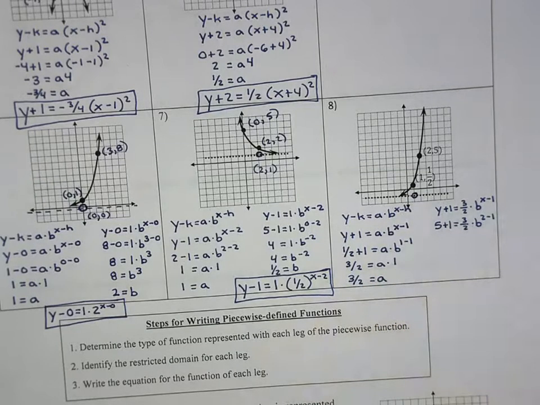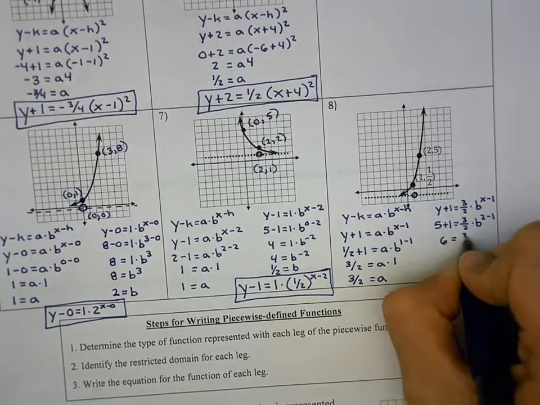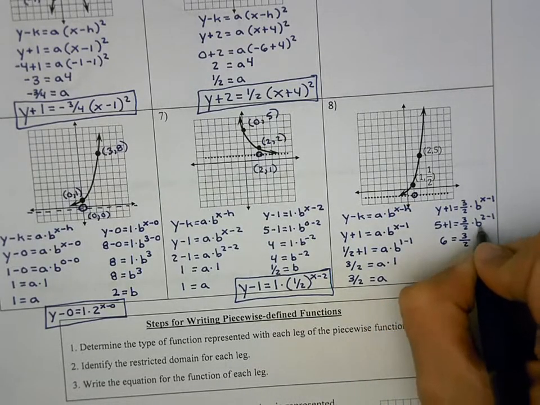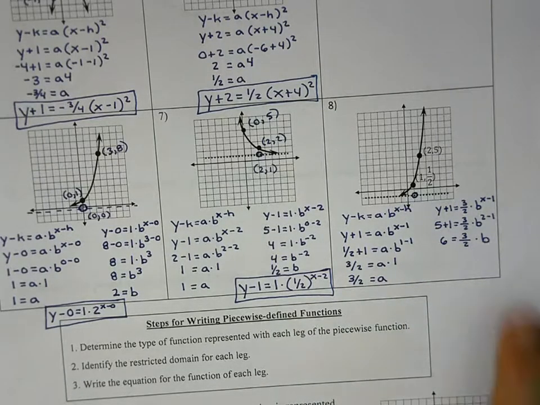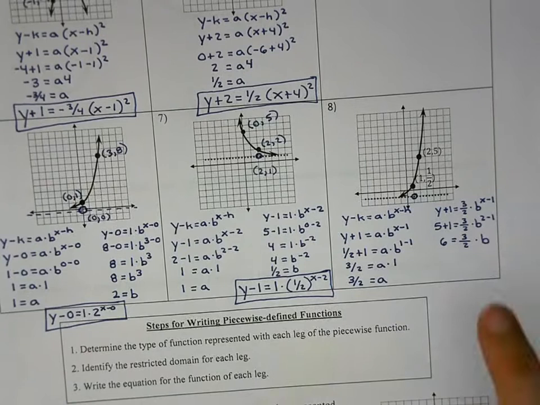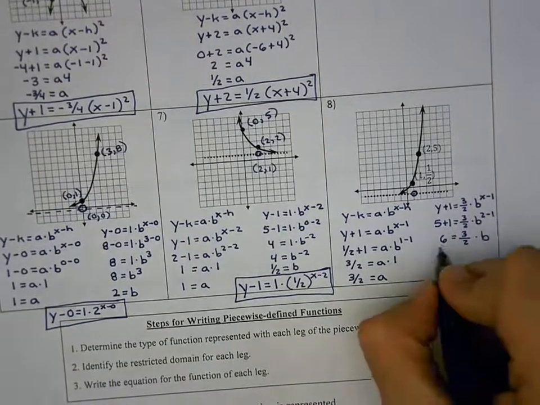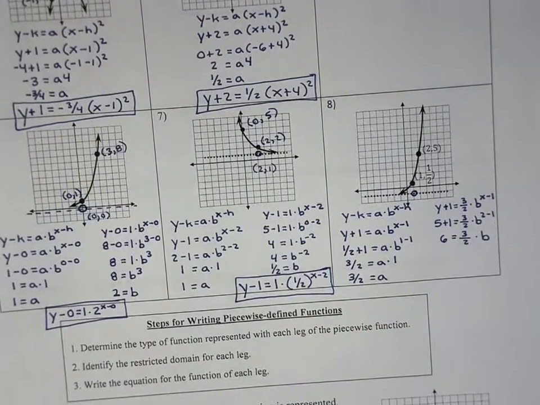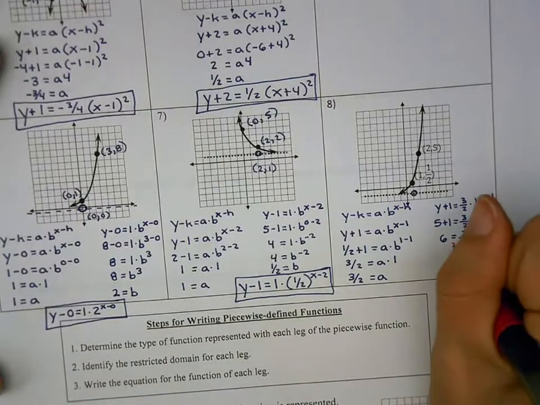Okay, 5 plus 1 is 6. This is b to the first, which is just b. And then dividing that 3/2 over, what does it mean to divide by a fraction again? Okay, dividing by a fraction is the same thing as multiplying by its reciprocal, so multiplying by 2/3. Let me go ahead and put that in a different color here. All right, so multiplying by 2/3 would cancel.